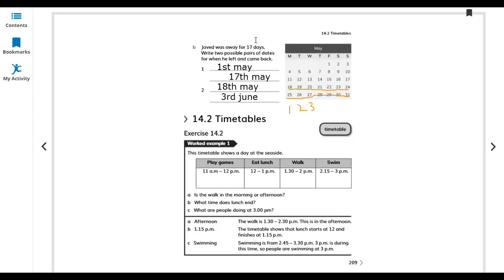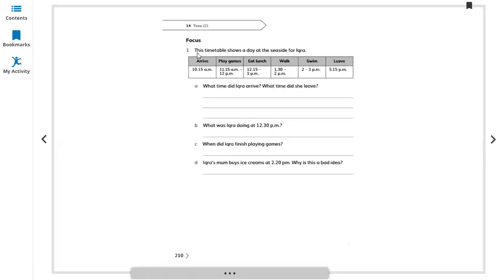Let's start 14.2 Timetables. This is a worked example. Let's start the question on the next page. This timetable shows a day at the seaside for Ikra.